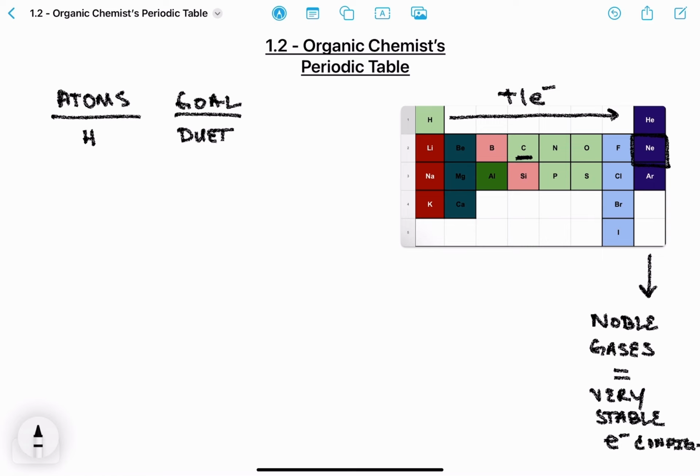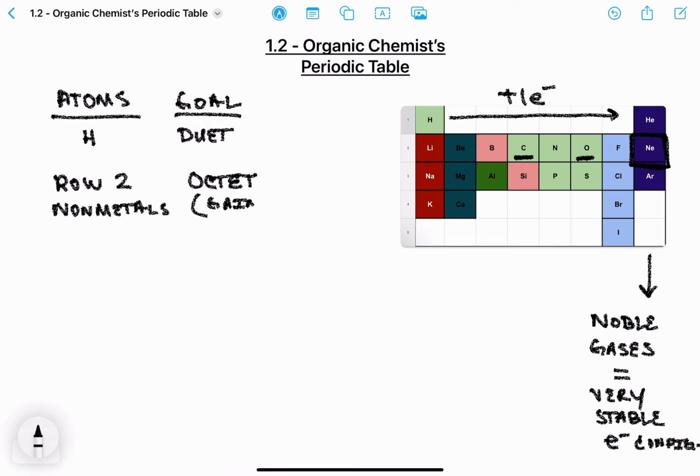And so when we look at the row 2 nonmetals, their goal is to gain electrons to get to neon's electron configuration. So carbon, like we said earlier, needs 4 additional electrons. Oxygen, as an example, will need 2 additional electrons to get to an octet, which again is that stable electron configuration, and it does so by gaining electrons.